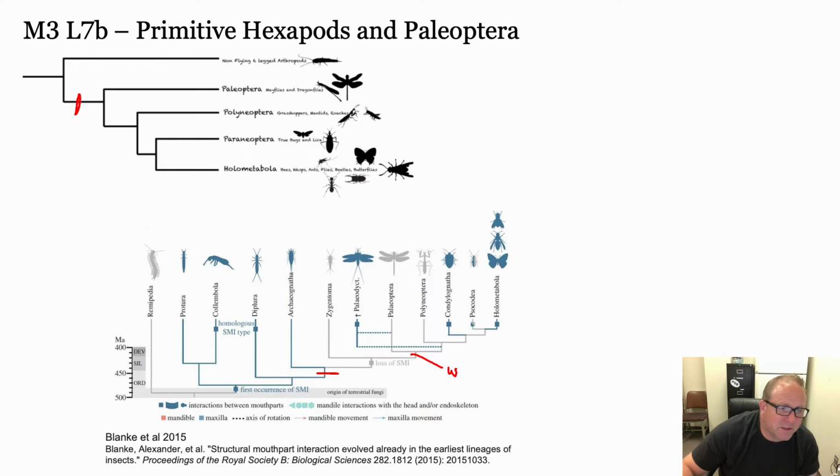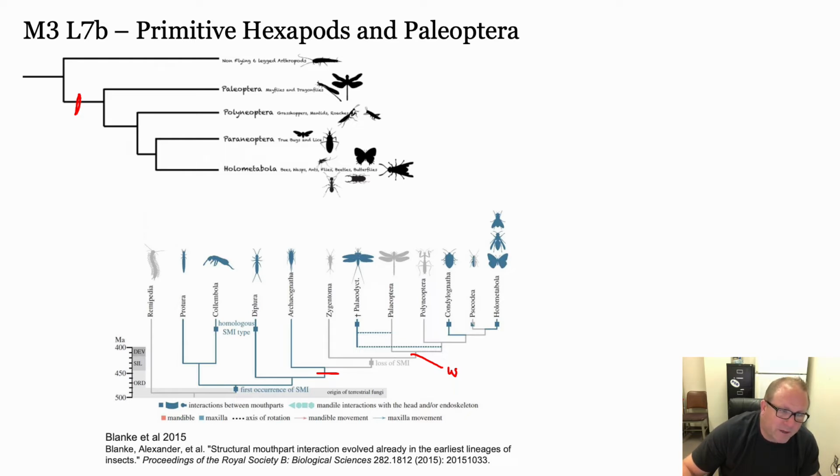And I kind of clustered all these Protura, Collembola, Diplura, Archaeognatha, Zygentoma in this group. It's not done correctly, but that's okay. You can see how they are all related to each other as we look at it down here from this Blanke et al. paper from 2015. And so that's what we're going to try and get to today.